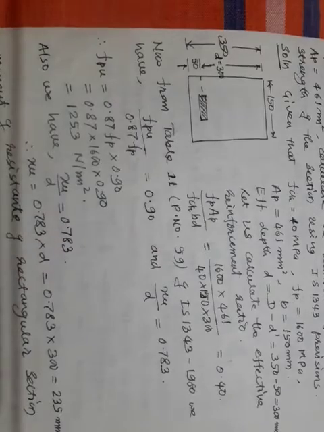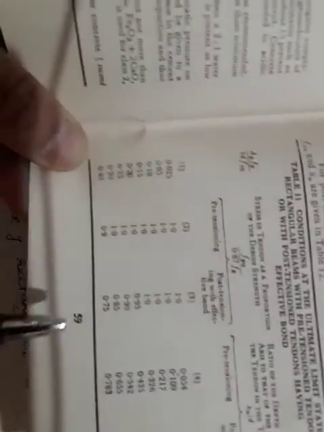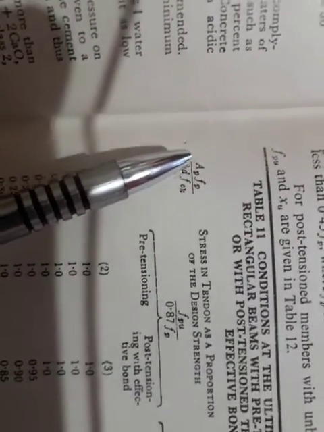Now how to use this, I will tell you. Here I am showing you table number 11 on page number 59. If you just see here, it is AP FP divided by BD FCK. Am I right?